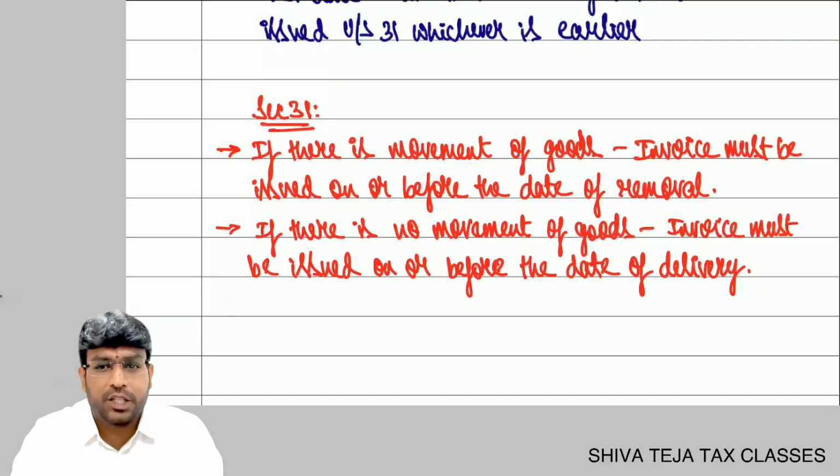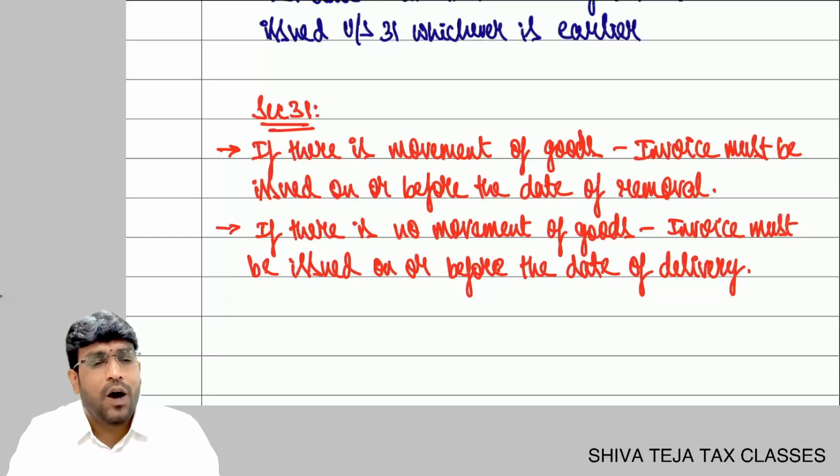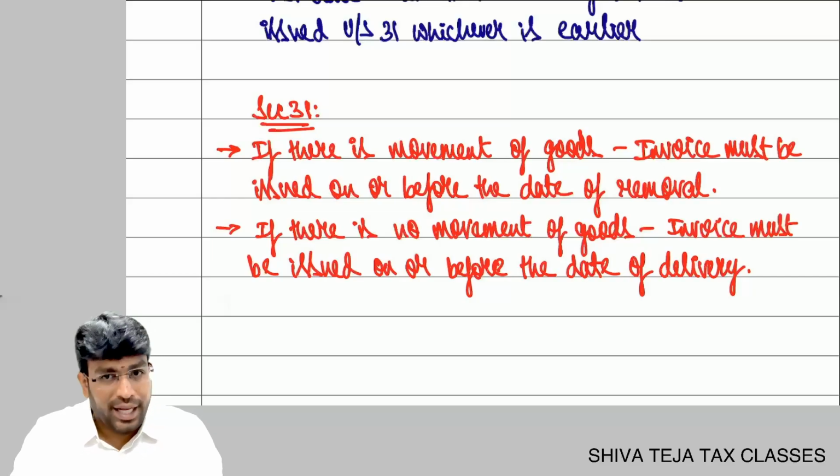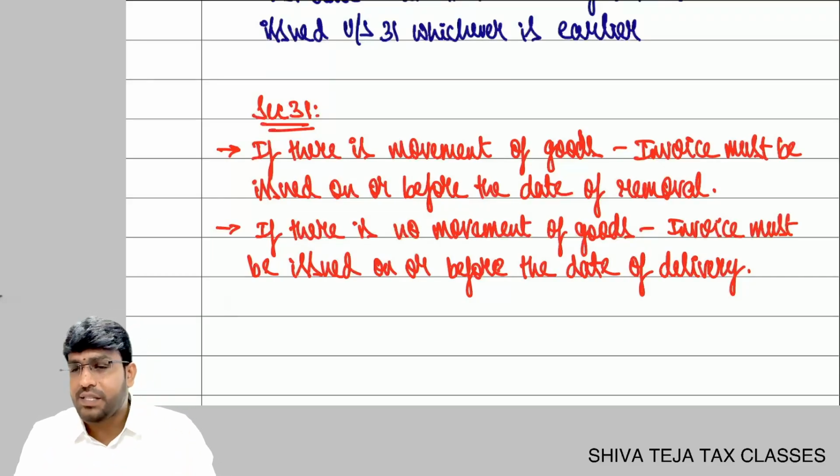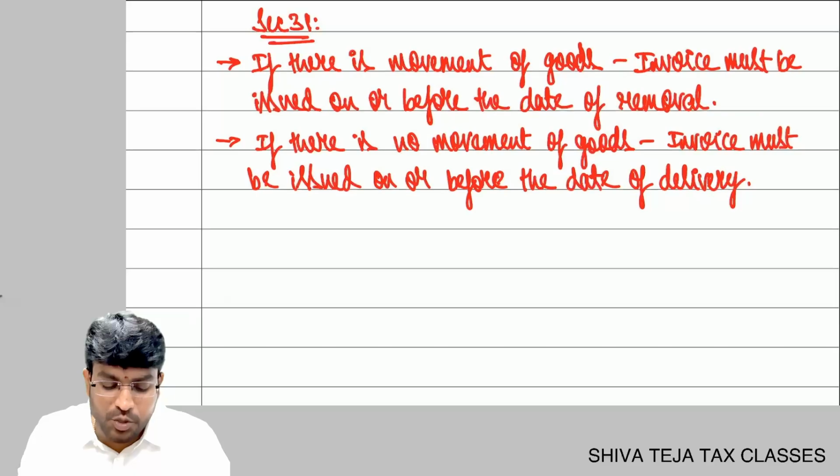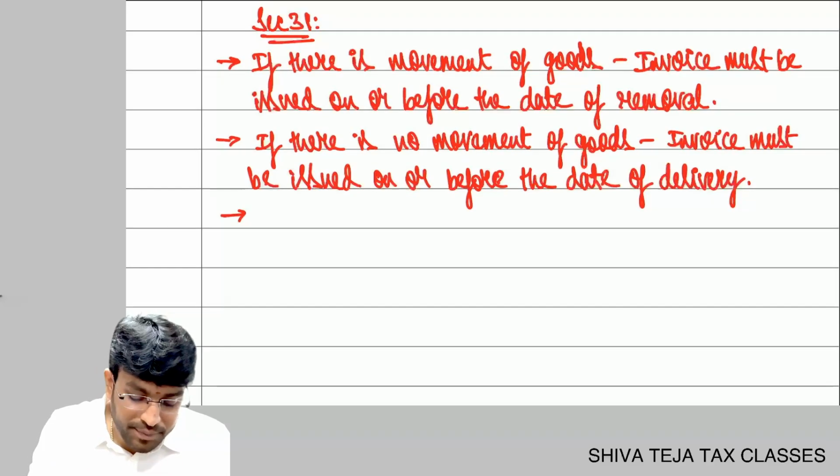And if there is no movement of goods, invoice must be issued on or before the date of delivery. I'll explain, I'll give the examples. Don't worry, we'll take examples.